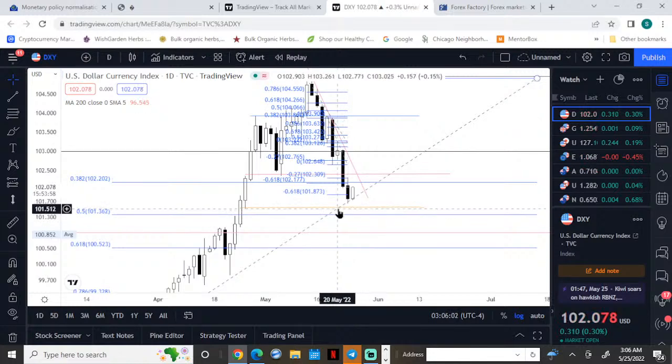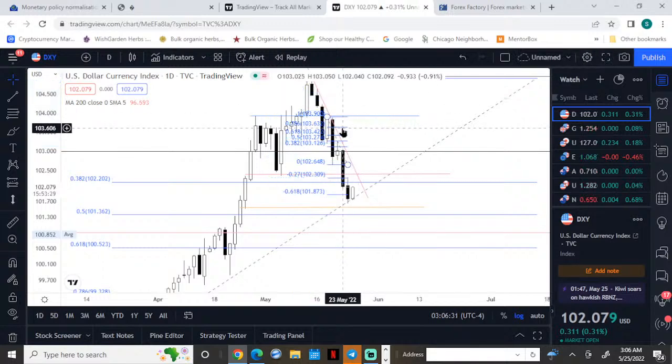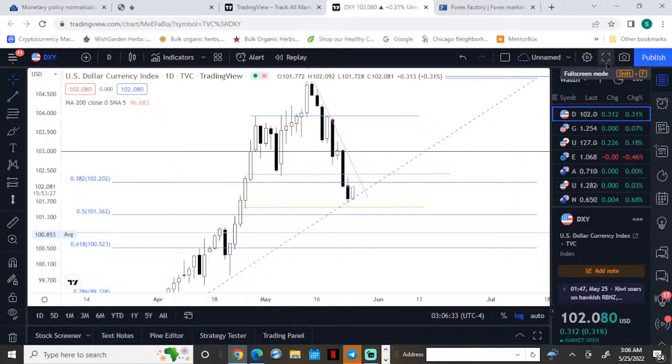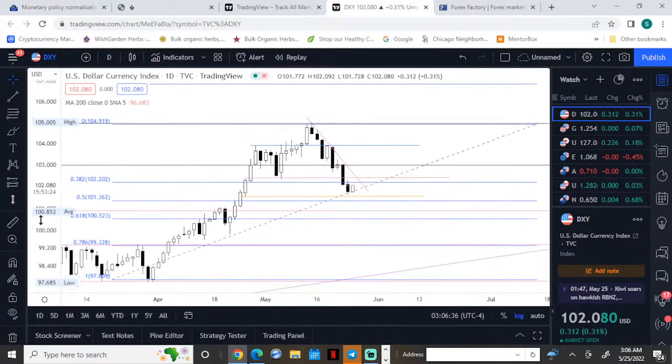This was my 4 hour support and resistance zone, and the 50% of the fib on the daily. It still can continue to drop. At the moment, we're getting a pullback. Wait a minute. Let me delete these fibs because these fibs are from the hourly. Okay. I thought I was going crazy.